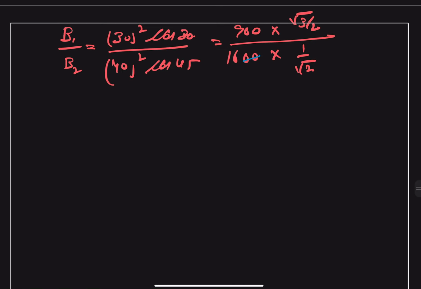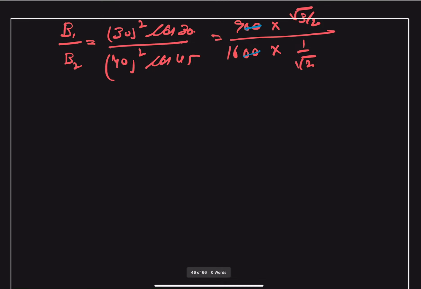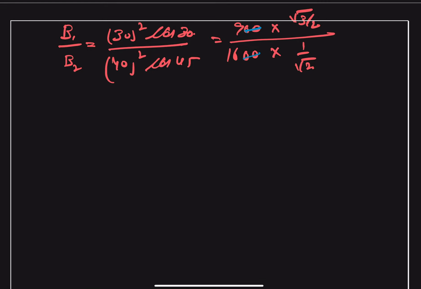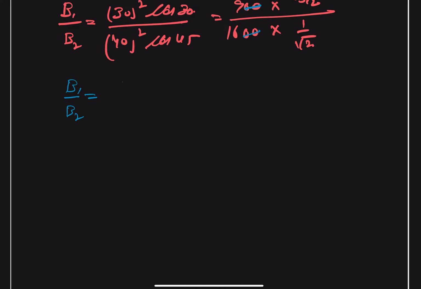This 0 and 0 goes away, and we can write this, we get this as B1 by B2 will be equal to 9/16 multiplied by square root of 3 and square root of 2.